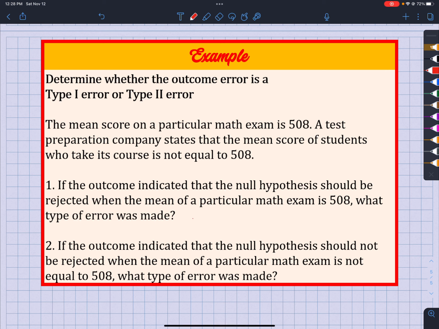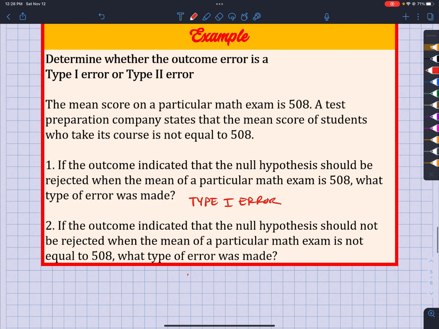This is called a type 1 error. Two, if the outcome indicated that the null hypothesis should not be rejected when the mean of a particular math exam is not equal to 508, so in other words, now I'm not rejecting it when it is not equal, that would be a type 2 error.